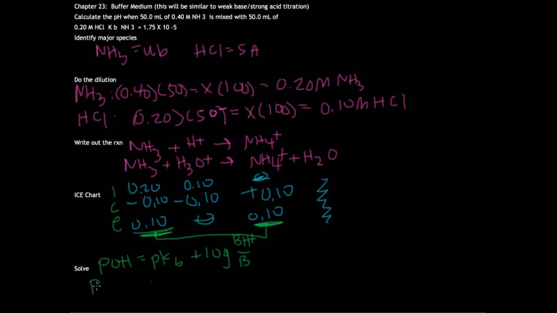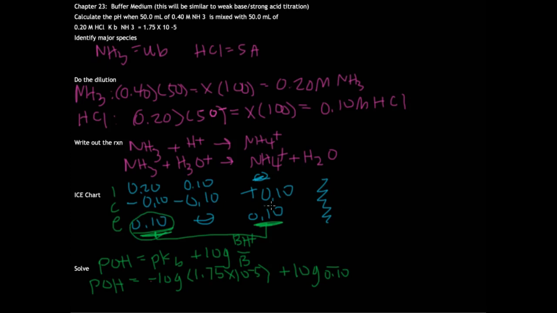And then I'm just going to plug and chug into there. pOH equals pKb, which means negative log of Kb. Negative log of 1.75 times 10 to the negative fifth, plus the log of 0.1 of the base, right there.